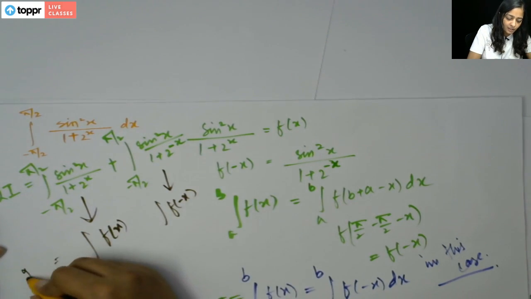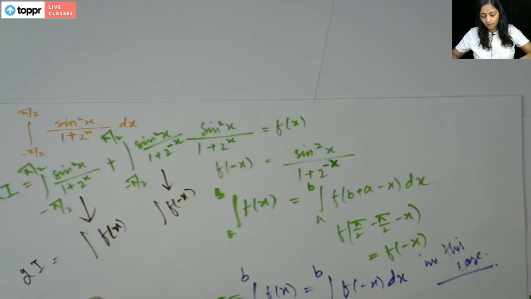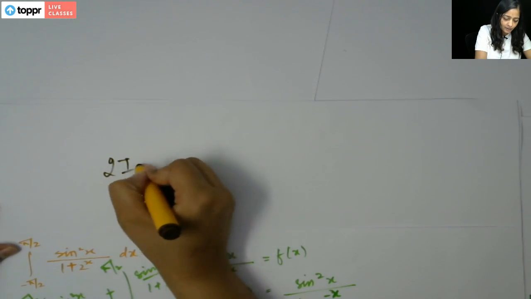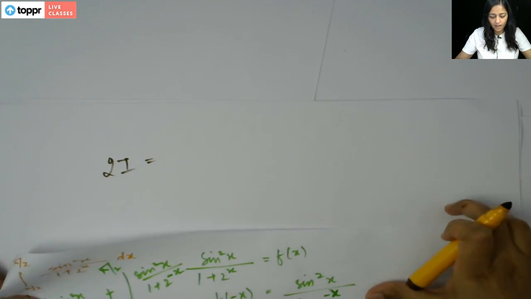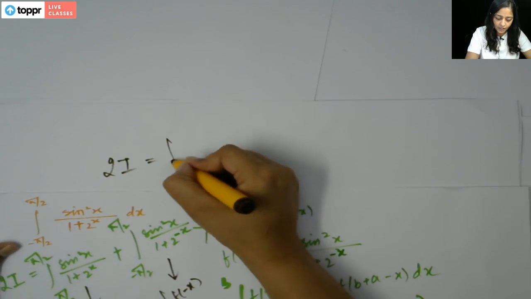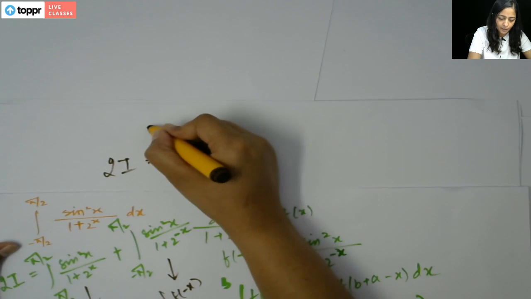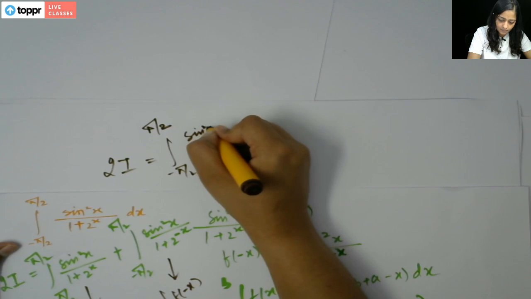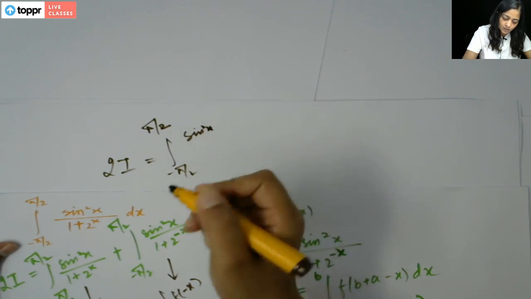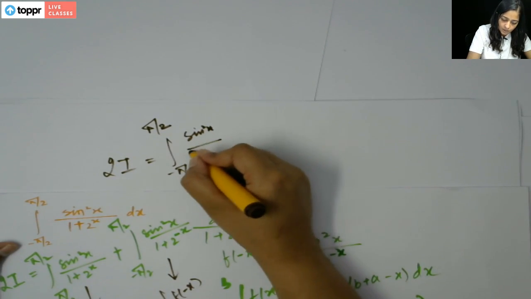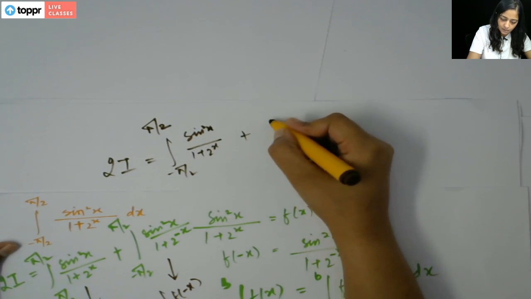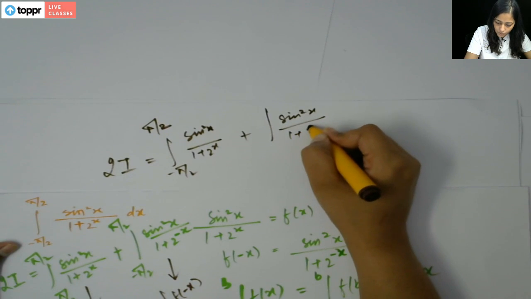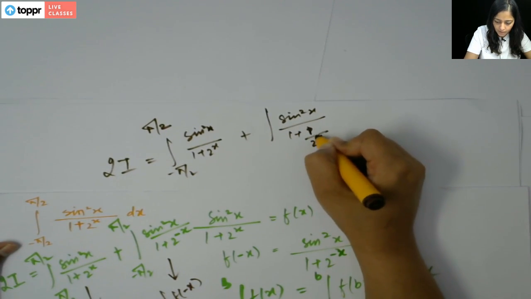That's why we have written it to be equal to 2I. Now let's solve it. From here we have 2I is equal to the integration from minus pi by 2 to pi by 2 of sine square x times 1 over 1 plus 2 raised to the power x plus 1 over 1 plus 1 by 2 raised to the power x.